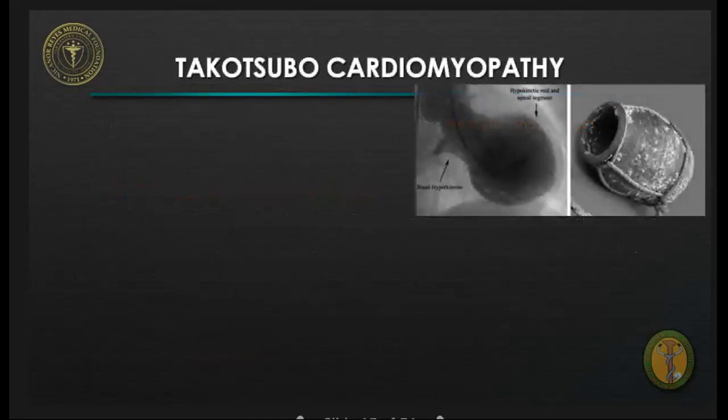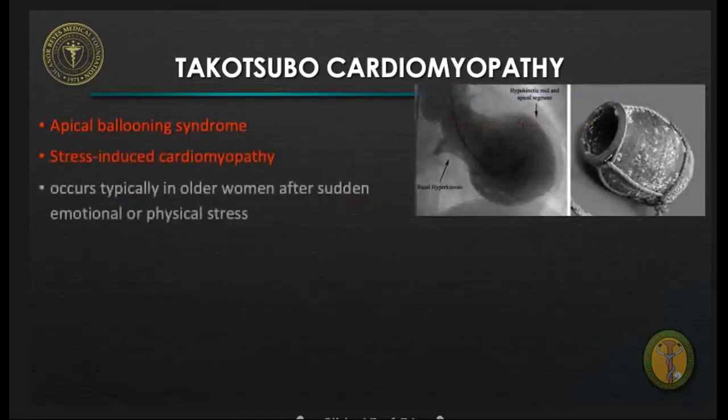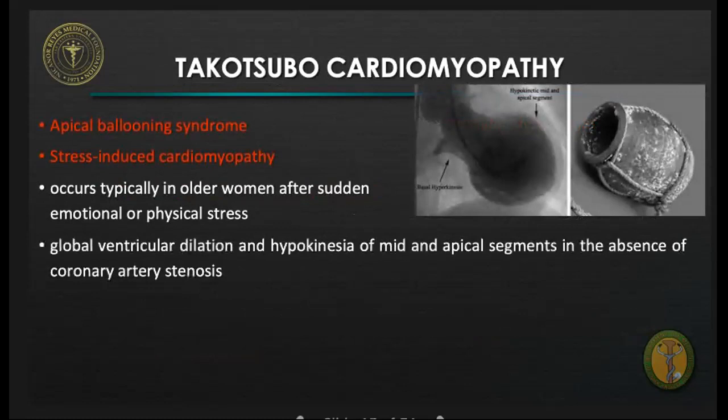The next is Takotsubo cardiomyopathy, also known as apical ballooning syndrome or stress-induced cardiomyopathy. This occurs typically in older women after sudden emotional or physical stress.